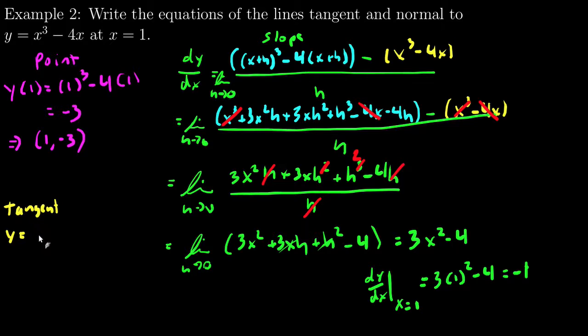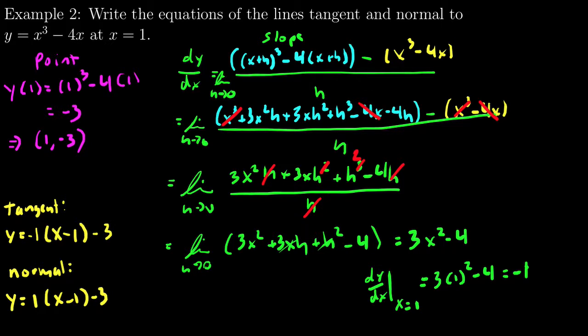So y equals slope times x minus the x coordinate plus the y coordinate. And normal, I have everything the same except the slope is the opposite reciprocal. The opposite reciprocal of negative 1 is positive 1. So I have y equals 1, x minus 1, minus 3.